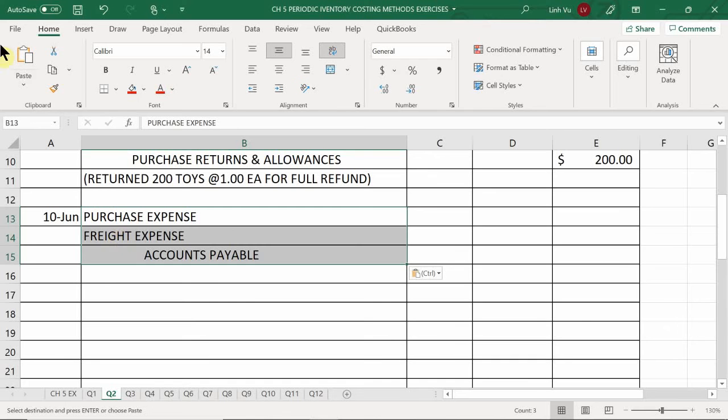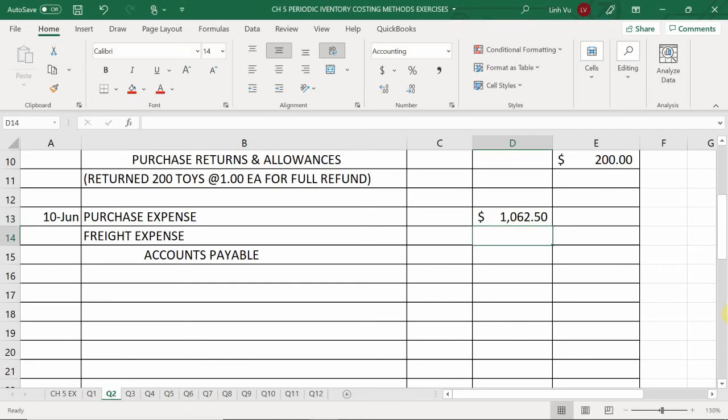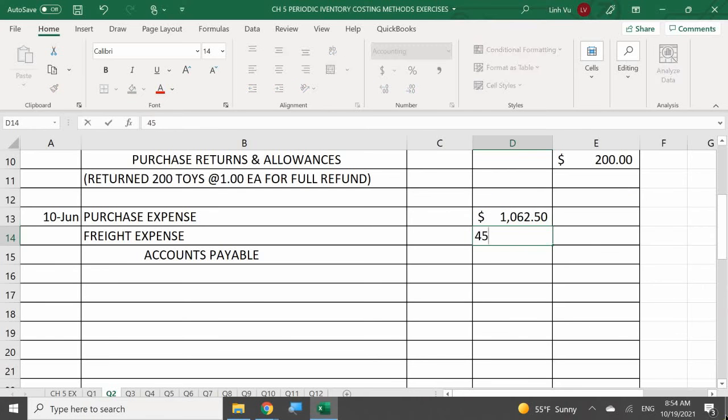So in this case, what is my total purchase expense here? If I purchased 850 toys at $1.25 each, $1,062.50. And my freight was 45, so that gives me a grand total amount of $1,107.50.